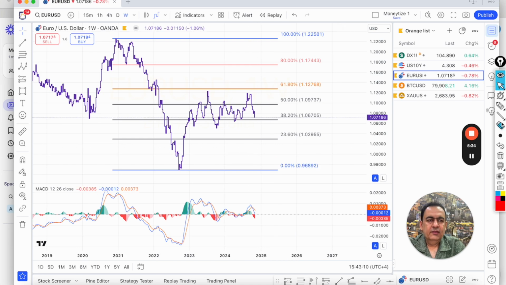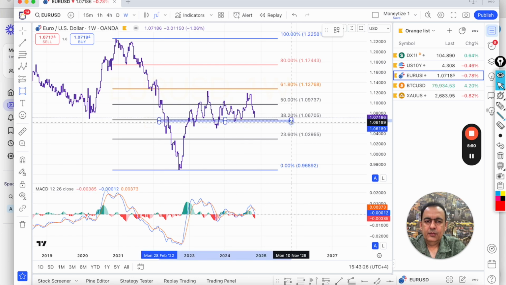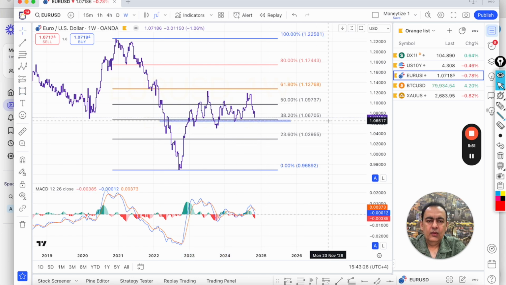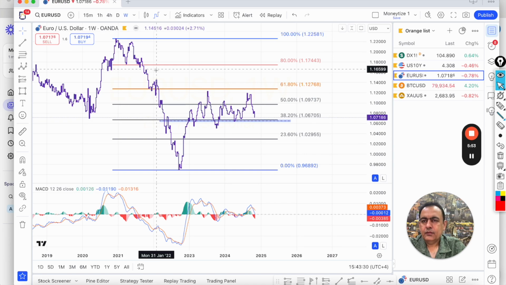And if you notice, the current bullish rally has touched precisely 61.8 and now it's moving lower. So currently Euro USD is sitting at an important level here. It's a support level around 1.0670.